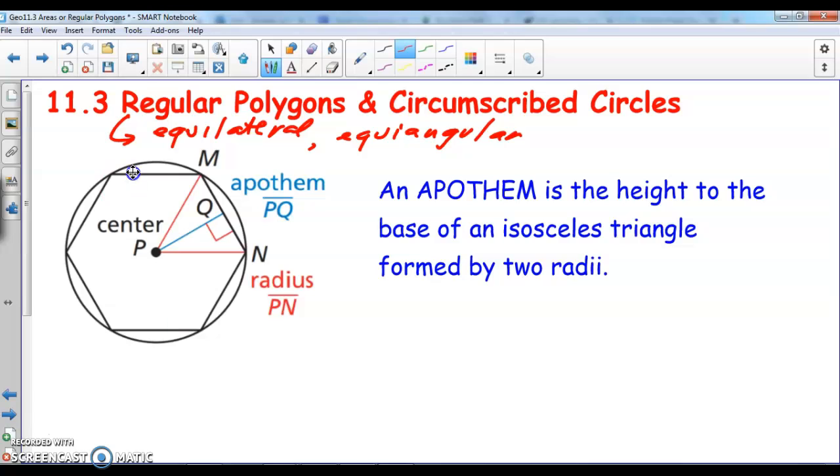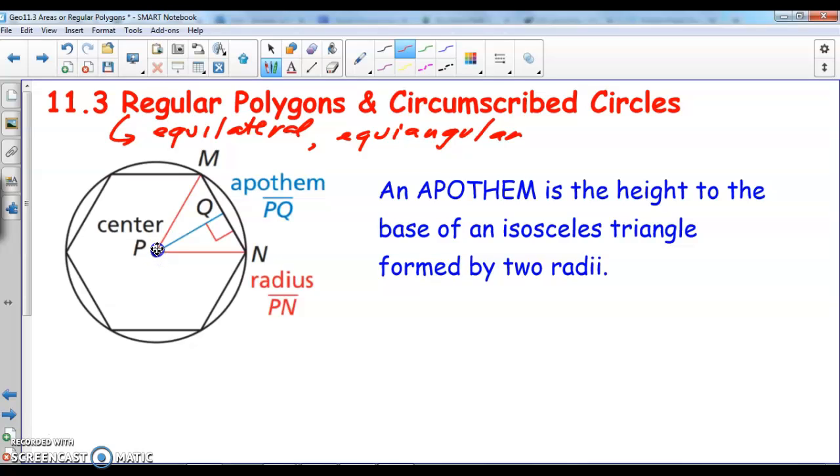That's a regular hexagon, and we're going to assume that all the sides are equal. The center of the circumscribed circle, which contains all the vertices of the polygon, is also the same as the center of your regular polygon.